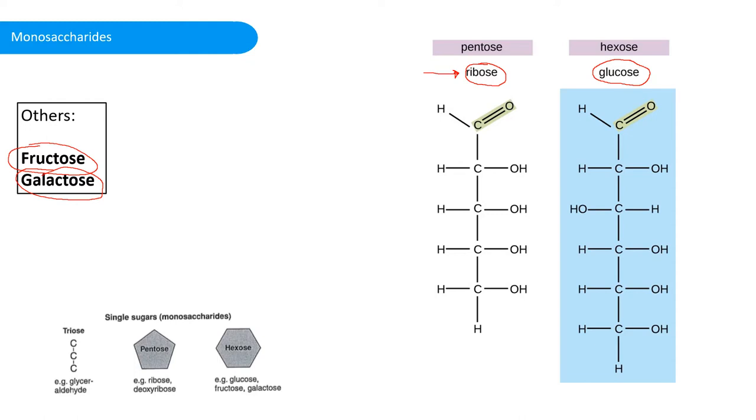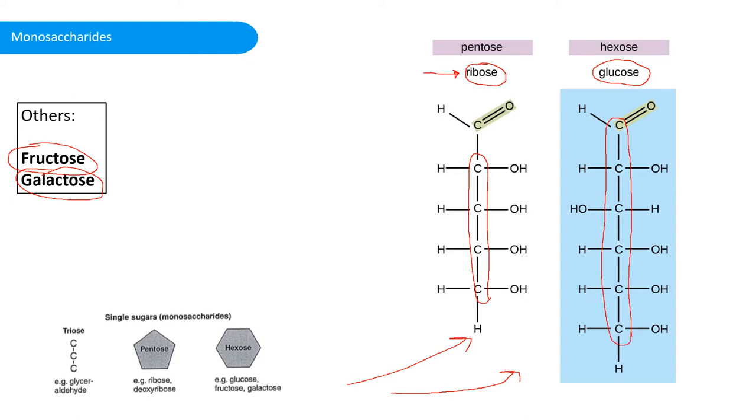Now, carbohydrates are named for a very specific reason. If you look at the chemical structure of these two monosaccharides, ribose and glucose, hopefully you can see from a casual glance at them that they're very, very similar in terms of their structure. We've got carbon backbone all the way down the middle.